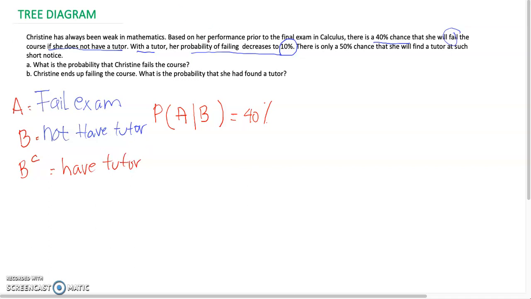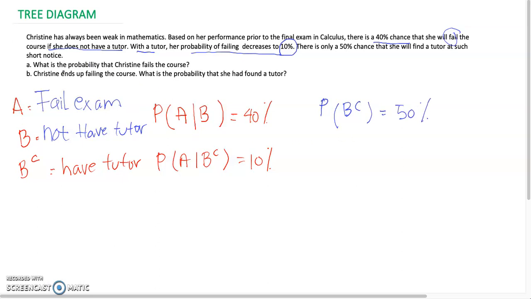So we can say that P of fail after having a tutor decreases to 10%. There's only a 50% chance that she will find a tutor. So we can say that having a tutor, the probability of B complement is 50%.